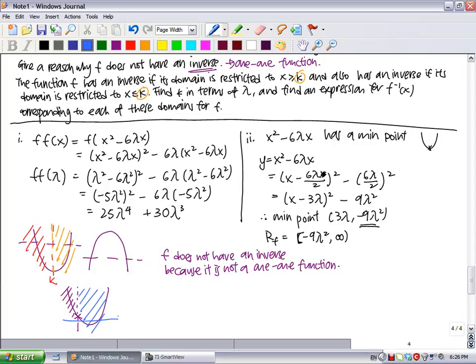So the only possible case is k being smack in the center at the line of symmetry, which means that k needs to be at your minimum point. Now because you completed the square earlier, it makes things a lot easier. Now I have k has to be equal to 3 lambda.